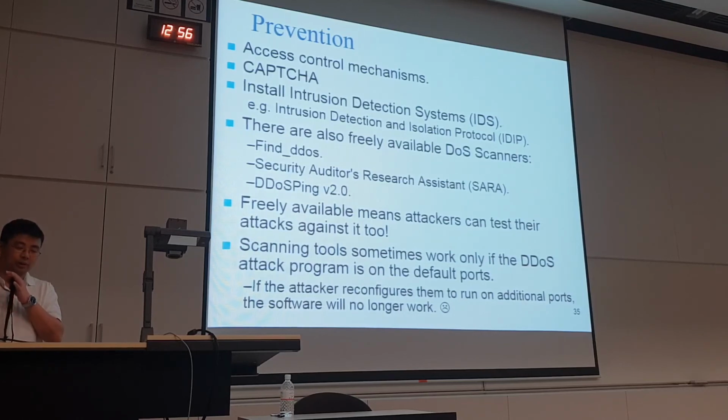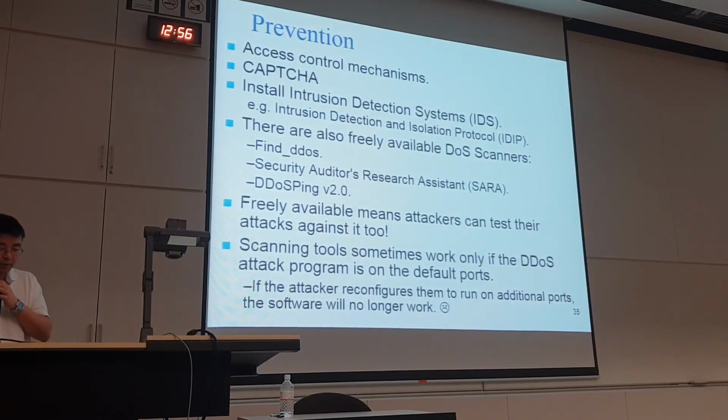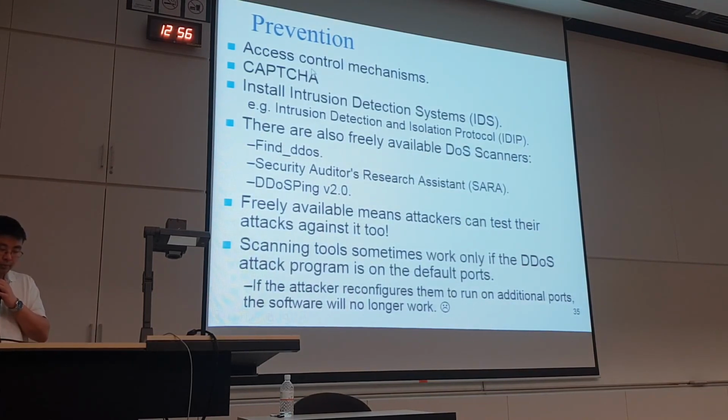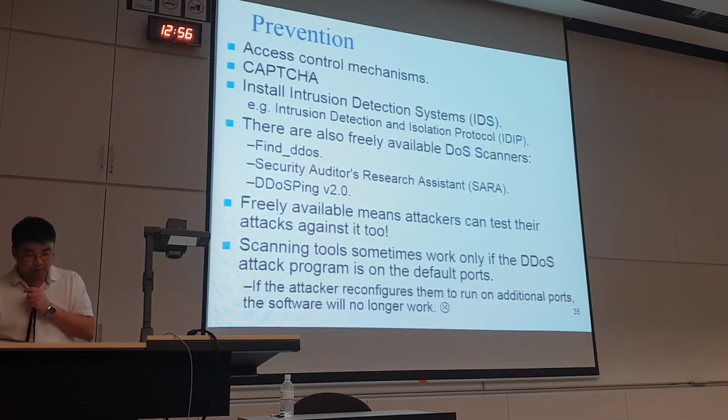They cannot solve the CAPTCHA. If the request is really from a human, then they can solve the CAPTCHA and generate the correct response. So in this case, we can prevent zombie machines or reflectors by using CAPTCHA. We only accept requests from real humans, not machines.